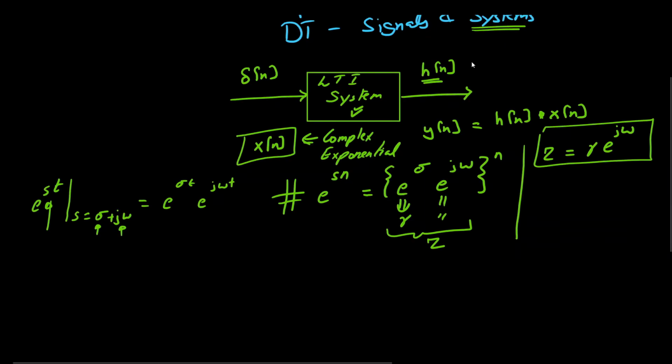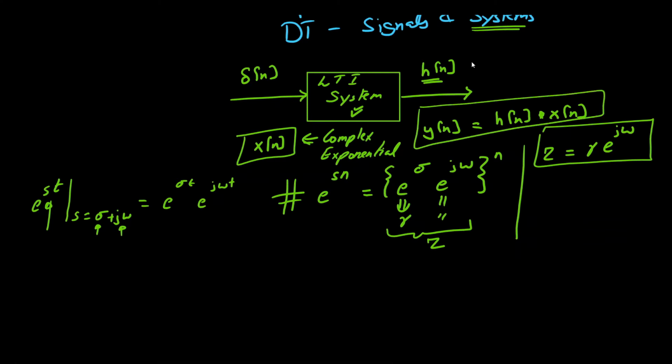Now coming back to this expression, let us say we are giving the complex exponential which is z raised to power n as the input. So this is our input, and we are interested in the output, that is y of n. And from here we know that the output would be equivalent to the convolution of impulse response with the input.